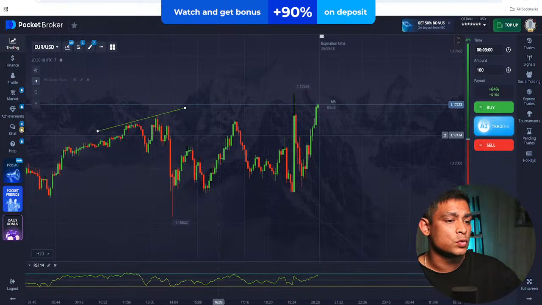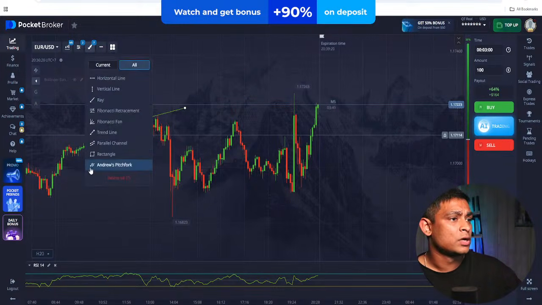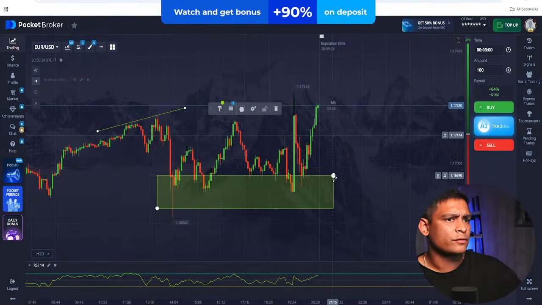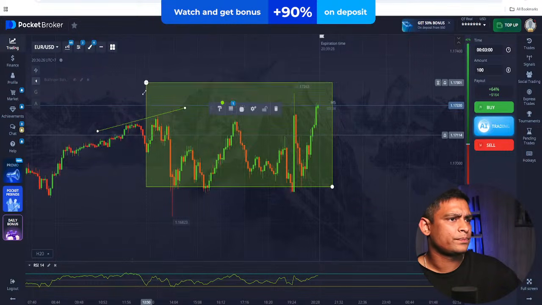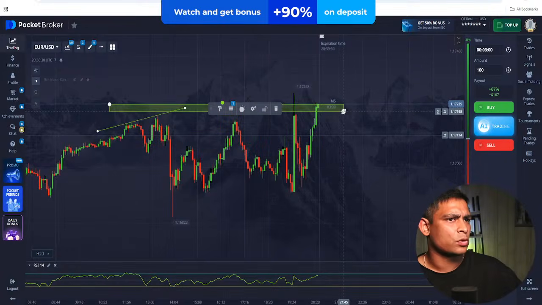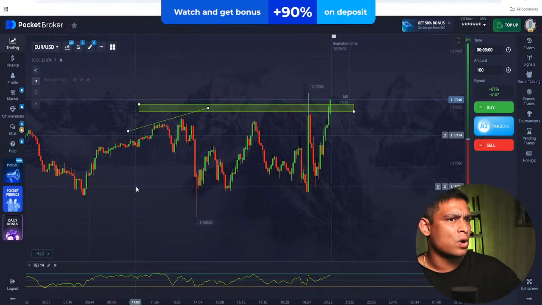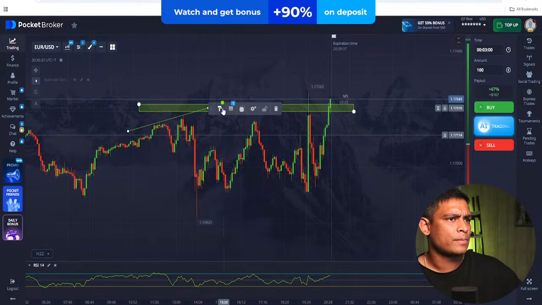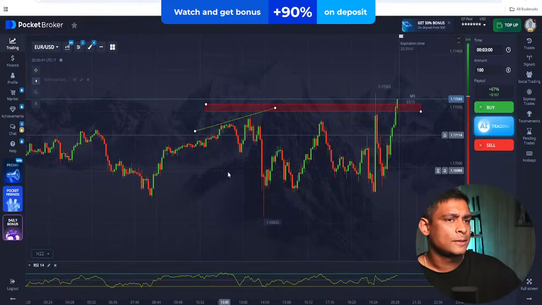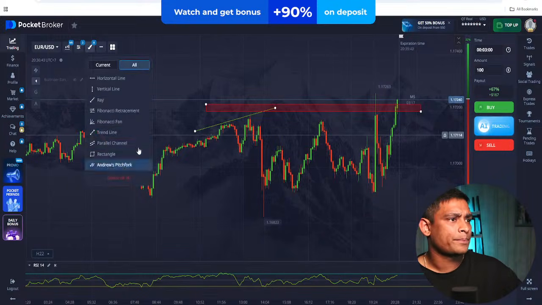First of all, we have to figure out the levels, the resistances and the supports, the buyer blocks, the seller blocks. So this is a seller block actually.